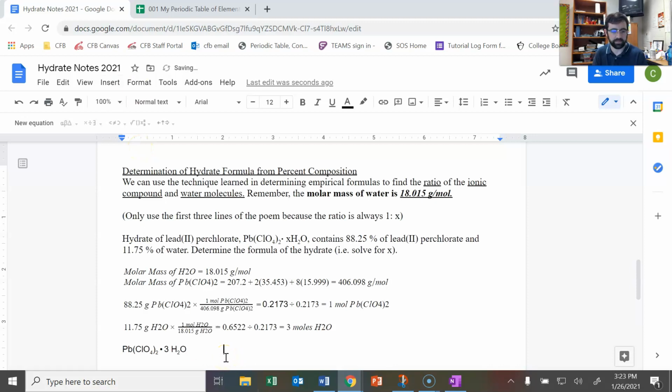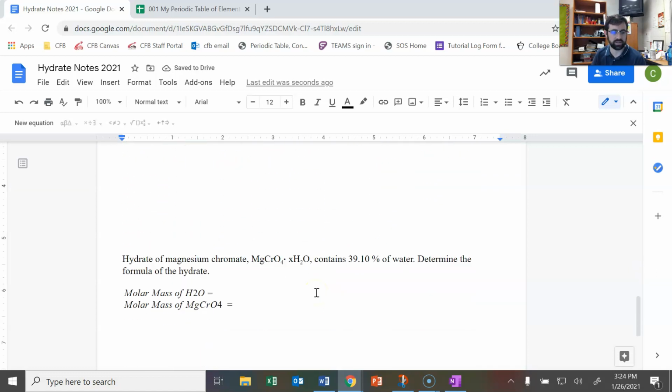And then we want to name it. That is lead 2 perchlorate, which was actually given up here, lead 2 perchlorate, but then I need to write the hydrate. So it's 3 waters, so it's trihydrate. All right, that's it for the first example. Let's do the next one.